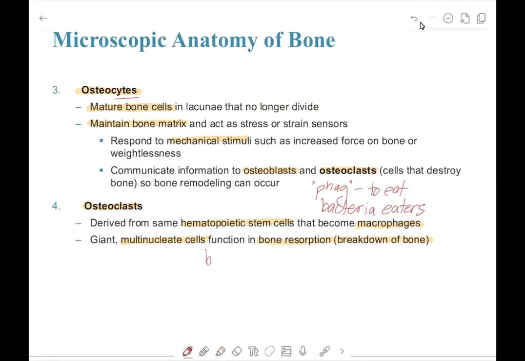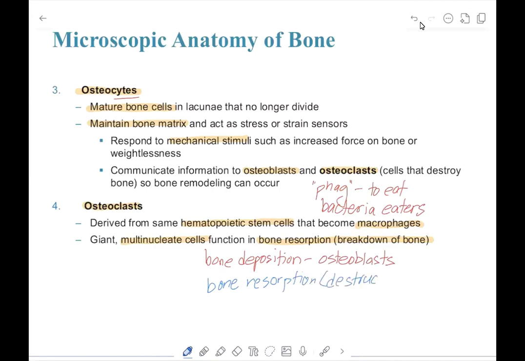So again, the two important functions that it's going to be important for you to know for this chapter is, first of all, that bone deposition, which we looked at on the last slide, is the function of osteoblasts. Kind of the opposite cell is the one that's going to be responsible for bone resorption. And bone resorption is also basically the same thing as bone destruction.